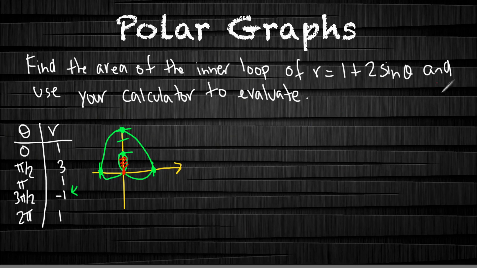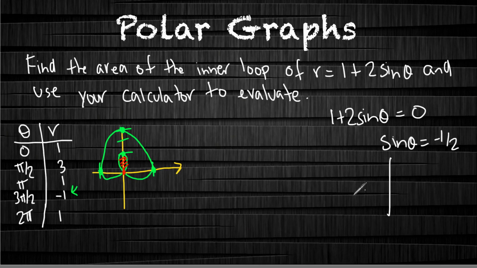So we're going to set 1 plus 2 sine theta equal to 0. So sine of theta is equal to -1/2. When we think about the unit circle, that's opposite over hypotenuse.